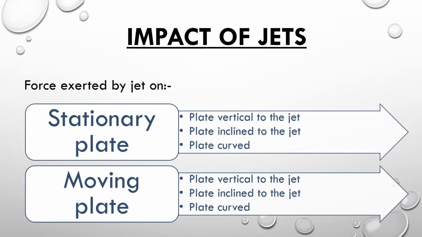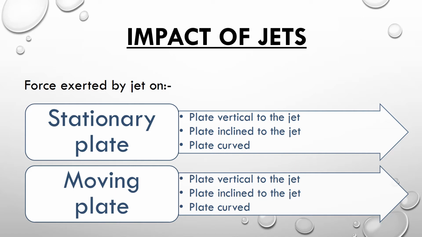So as I told earlier, before solving the problems related to turbines or before understanding the various mechanisms of various turbines, we should understand the impact of jets on a plate. Basically, this topic, impact of jet, can be broadly divided into two: impact of jet on a stationary plate and a moving plate.